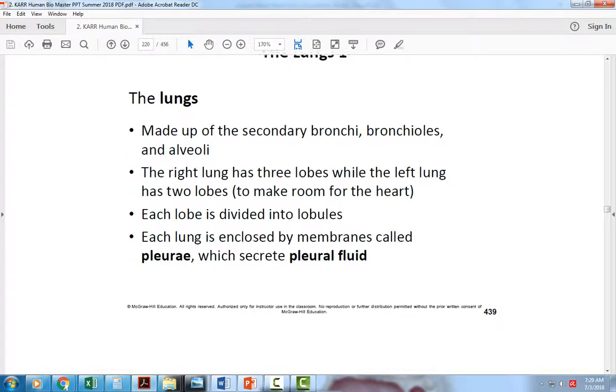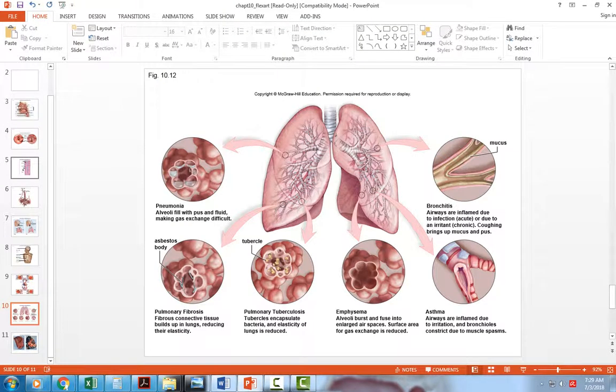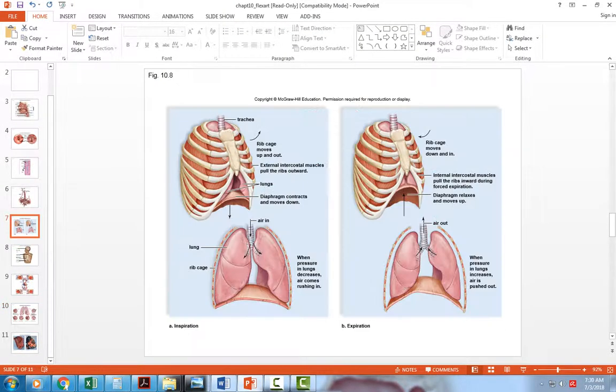The lungs are surrounded by a membrane called the pleura. So if I look at this picture here, there's a membrane around the lungs and it's called the pleura.